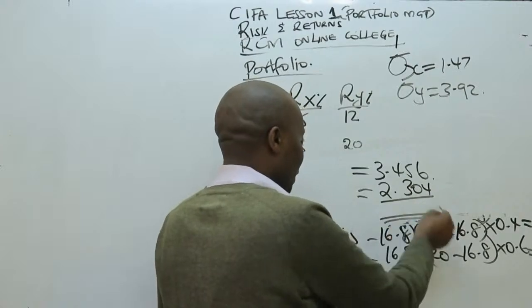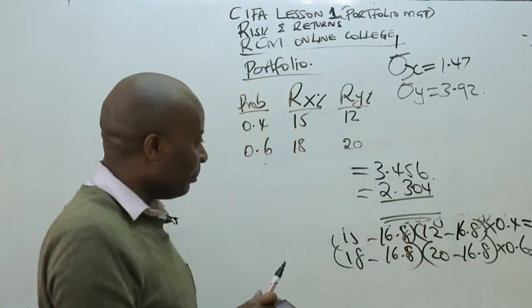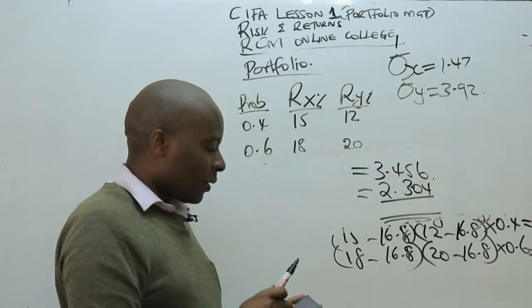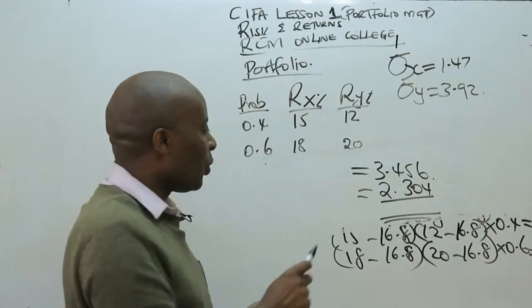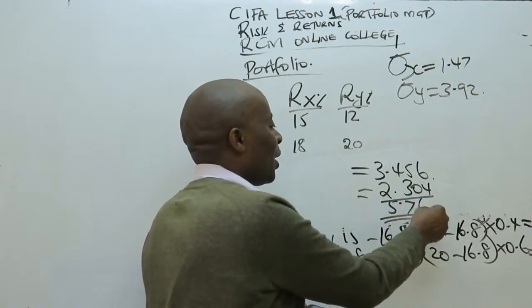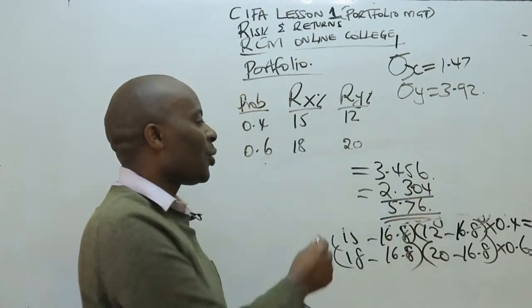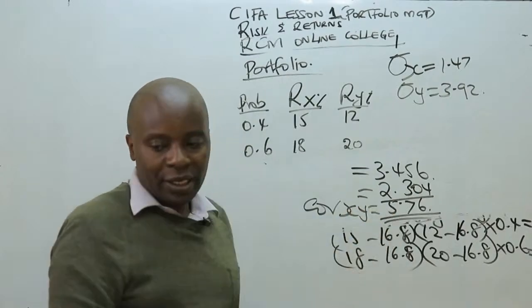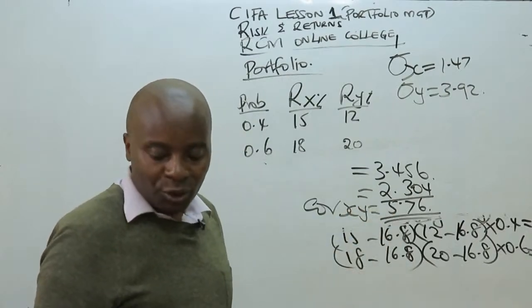So out of this, ladies and gentlemen, please come and combine them. Once you combine them, so plus 3.456 equals, which gives me 5.76. This 5.76 is what we call the covariance between those two parameters.